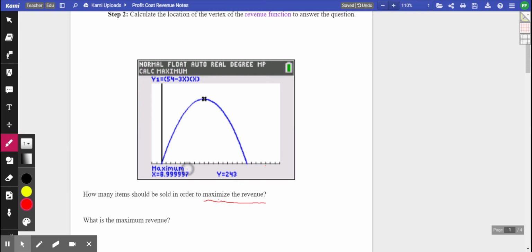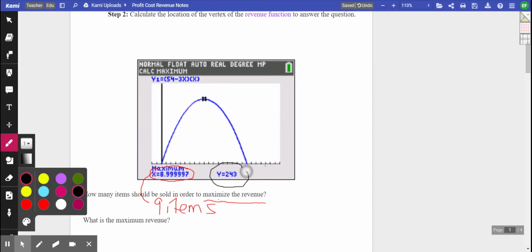Well, our x represents the number of items. So if I bring that down here and I round it, I'm not selling 8.9 items, I'm selling 9 items. I know that's going to maximize my revenue at $243.